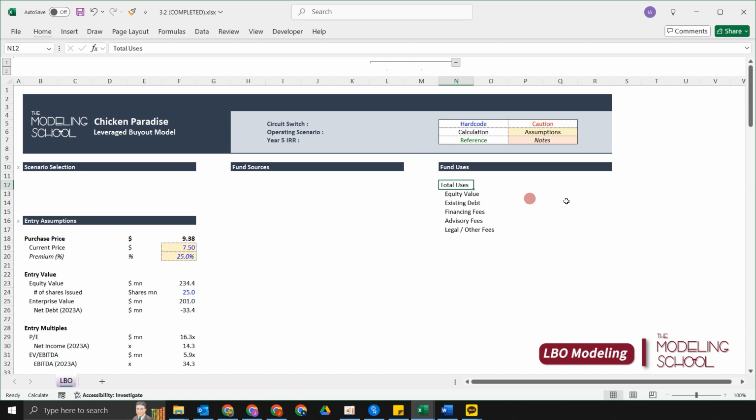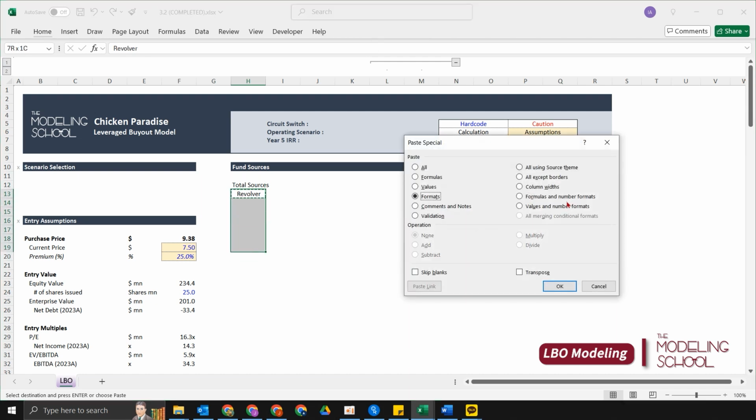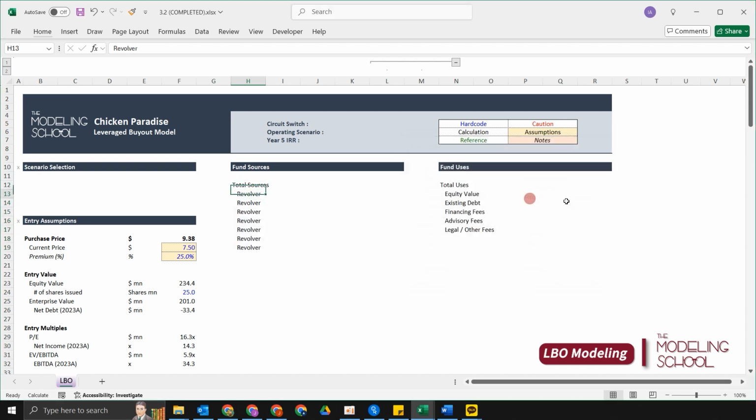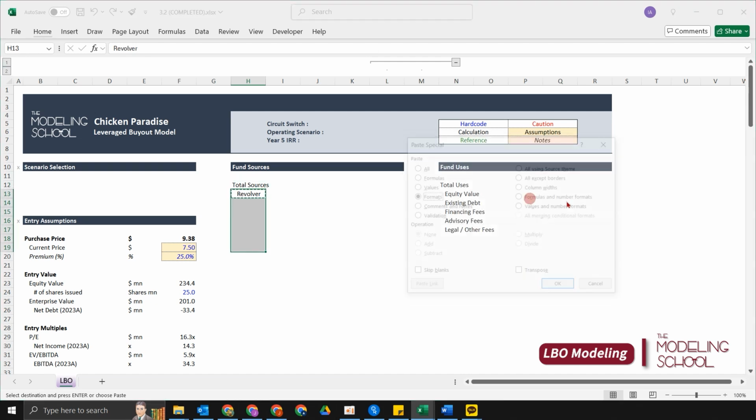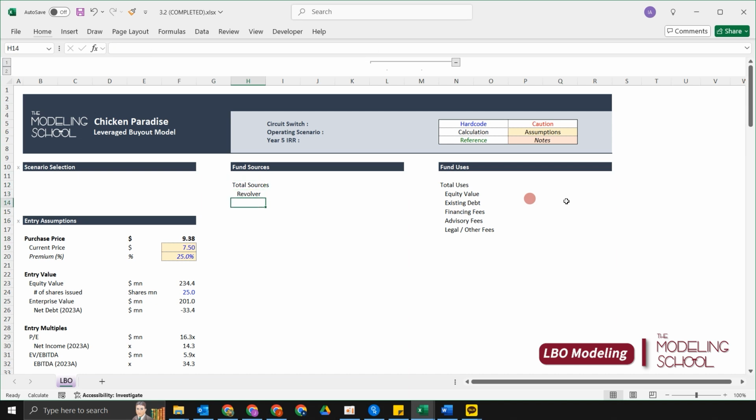And for this side, it's going to be total sources. We're going to build a revolver. Again, we're going to indent. Actually, let's format. Okay. And then we're also going to have some term loans.